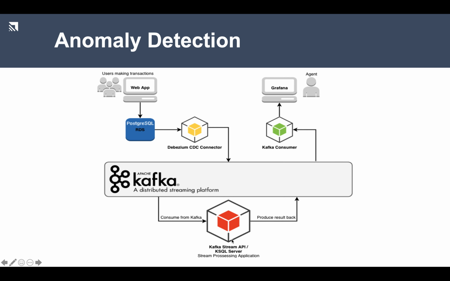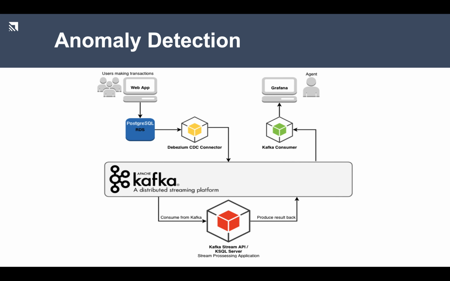Then in the red box, I am using the KSQL server. KSQL is the Kafka SQL language, which we can use for creating stream processing applications and for processing the data.